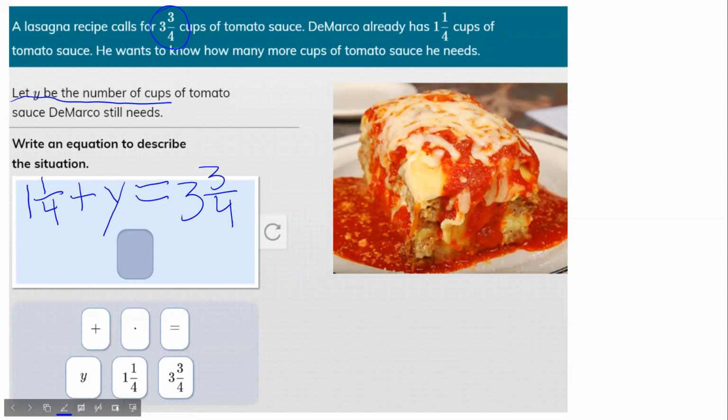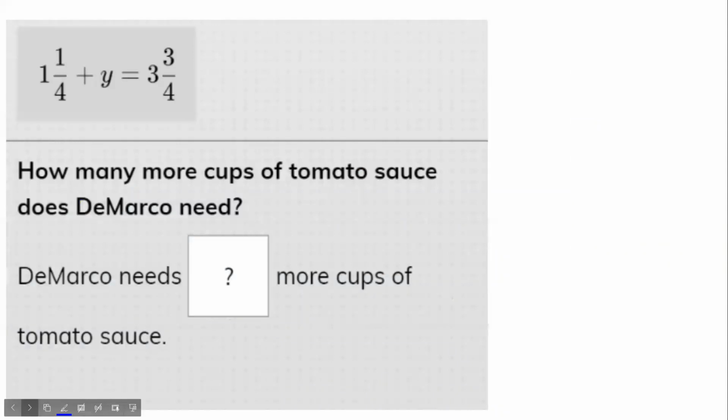Okay, so you start out with 1 1/4 cup and you add to it however much more he needs to make. And so altogether, that is equal to 3 3/4 cups of tomato sauce. Now I have a feeling that you guys already know how we're going to find out how many more cups he's going to need.